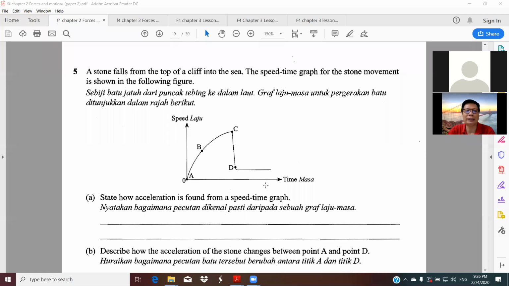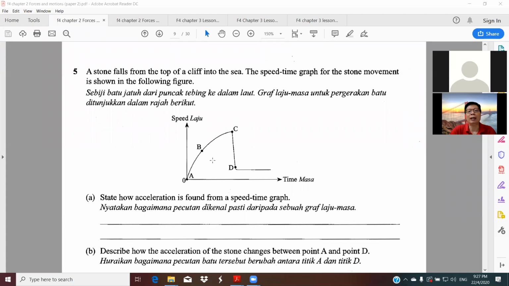Okay, the stone is coming down. So you can see here, the speed is getting faster and faster. Anything that's dropping down gets faster. That's why you can see the speed getting faster. A, B, C. The speed time graph of the stone's movement is shown in the graph now.